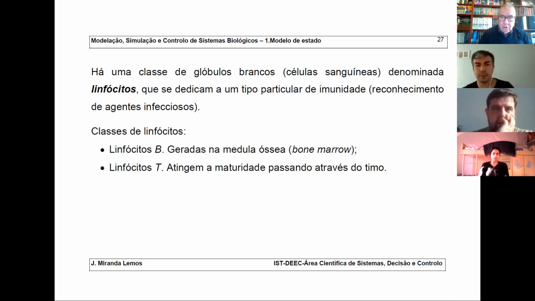So the security no longer recognizes foreign particles, virus or bacteria or whatever, in particular biological molecules.